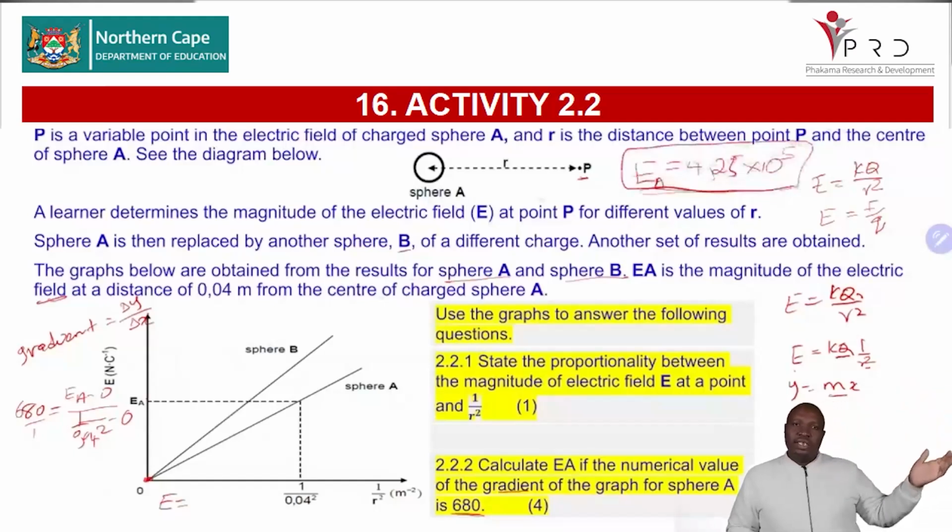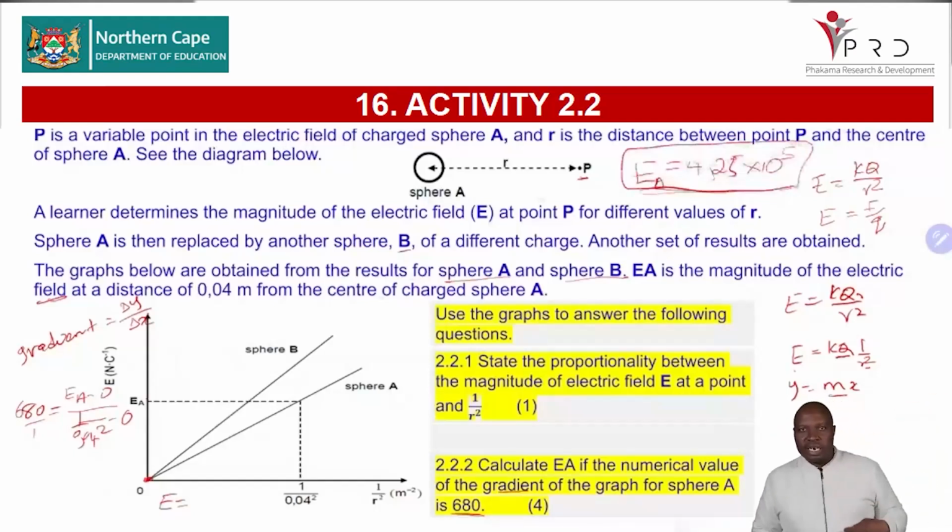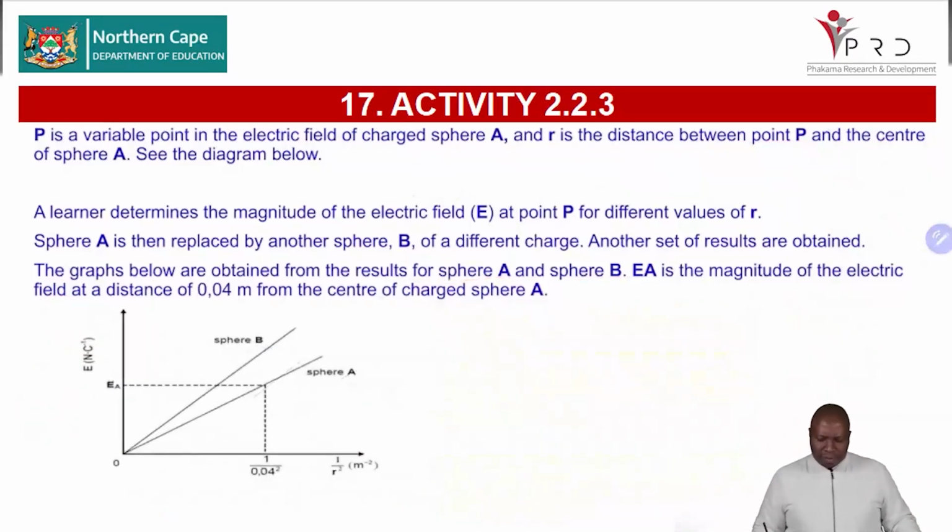So you know that the gradient is increasing there. You were saying you are increasing the rate of reaction. It's the same kind of thinking that we are having when we are doing this. So when you learn these topics, don't learn them in isolation because they are all related.